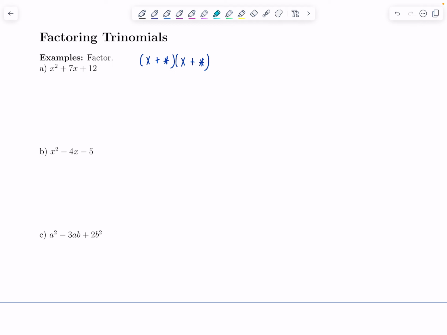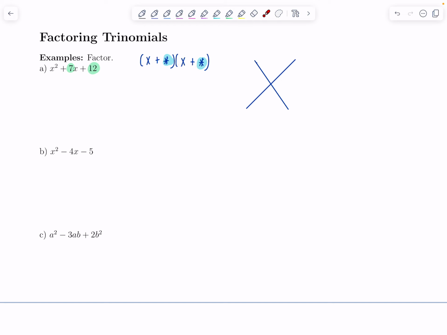And the way I find these somethings is by looking at the coefficient of x here and the constant, this last term, 12. Your goal is to find two numbers that multiply to 12 and that add to 7. Because basically we're undoing the process of foiling or multiplying out these two factors here.